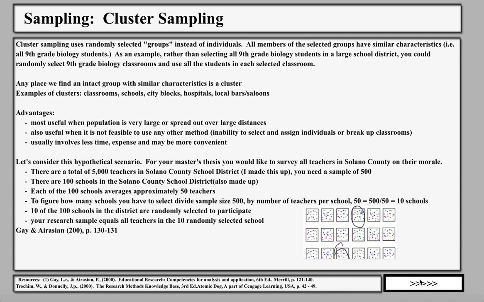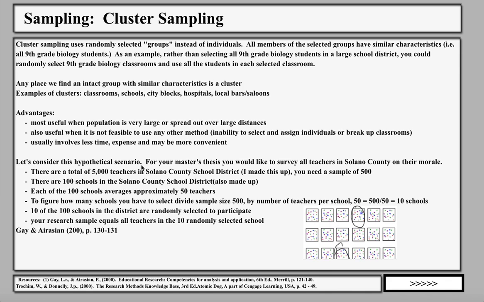That would just create havoc. So cluster sampling using existing groups or existing classrooms in this case would probably be the way to go. Usually involves less time, less expense, and it may be much more convenient. And by the way, here's a little graphic. Each of these is a cluster and 2 of them were randomly selected, this one and this one.